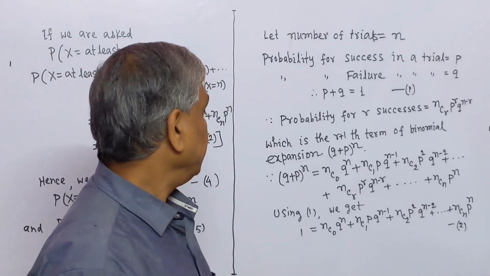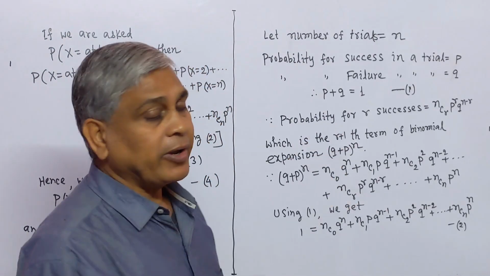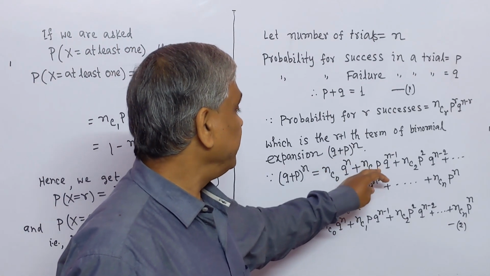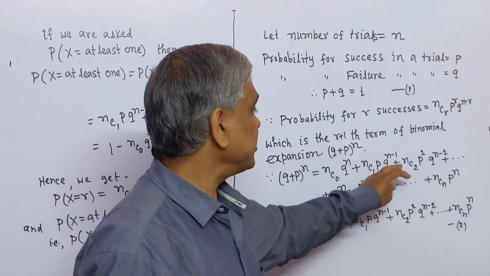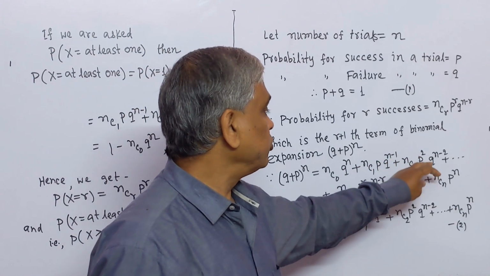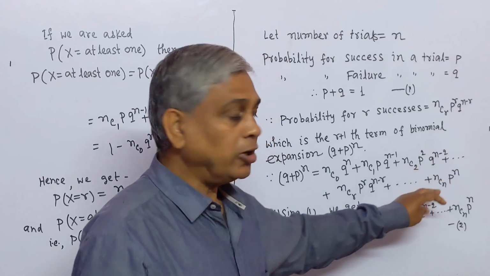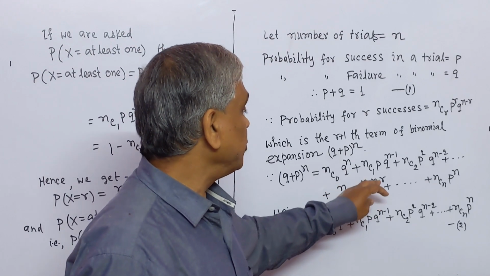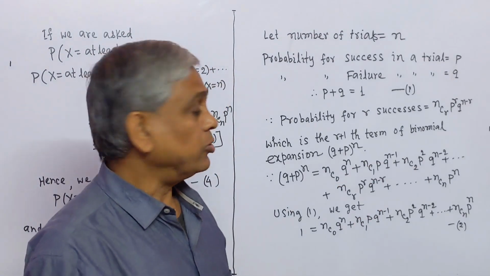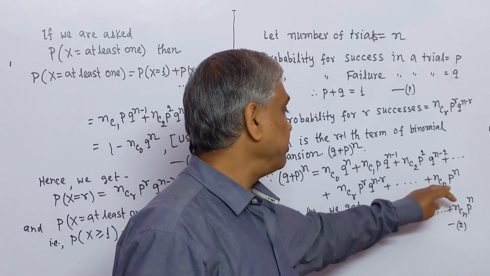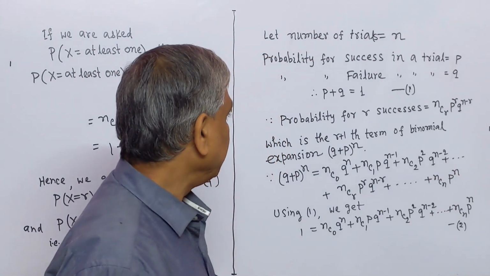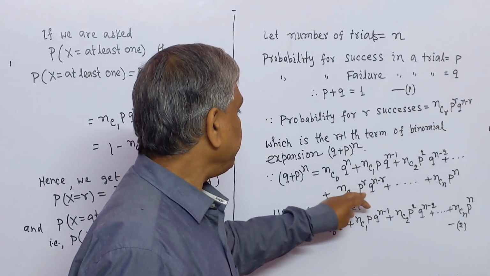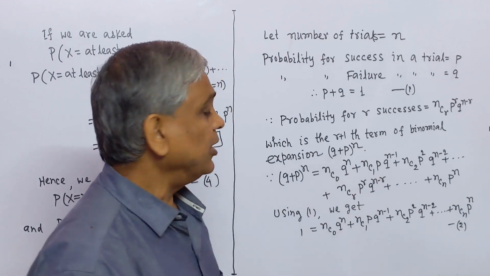Since we know that (q plus p) to the power n equal to nC0 q to the power n plus nC1 p q to the power n minus 1 plus nC2 p square q to the power n minus 2 plus ... plus nCr p to the power r q to the power n minus r plus ... plus nCn p to the power n. Here we see this term is the r plus 1th term of this binomial expansion.